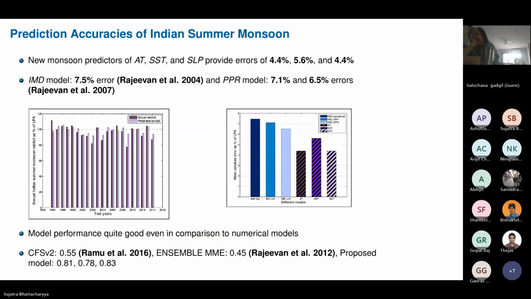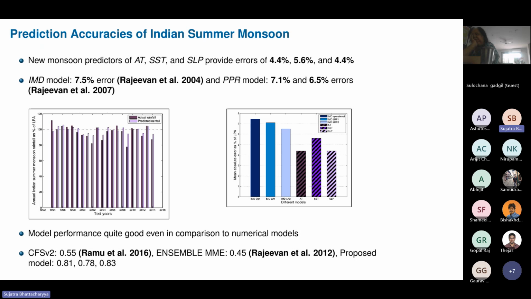So using these predictors, we got errors of the order of 4.4, depending on various sets of predictors: atmospheric temperature, SST, SLP. If you compare it with the IMD model, which they have still been using in addition to the numerical model, its error was 7.5%.